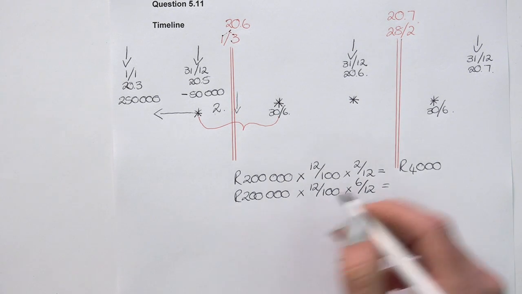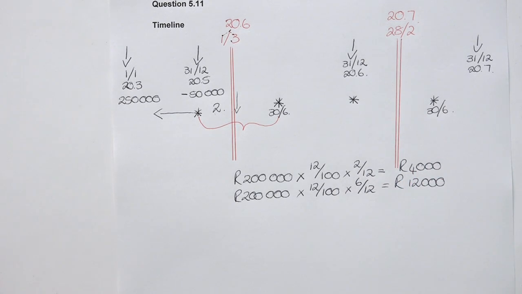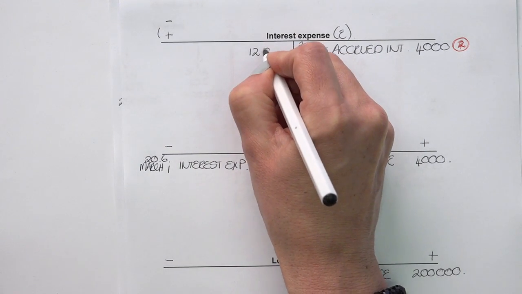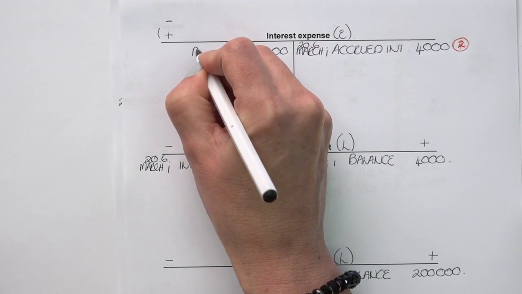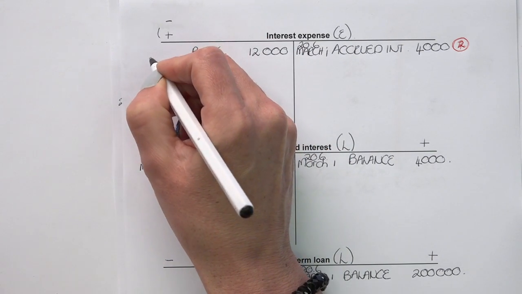That gives me an interest expense of 12,000 Rand. If we pay, that will influence our expense account. On the debit side, 12,000 Rand. I paid it with cash, and this happened on the 30th of June.